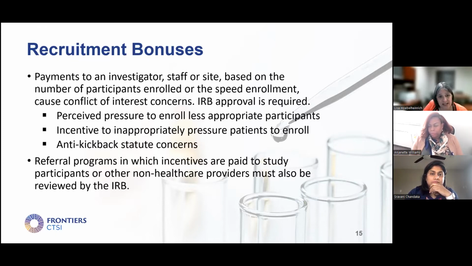Some of the concerns that can arise when those kinds of arrangements are made are perceived pressure to enroll less appropriate participants, or potentially encouraging inappropriate pressure on patients to enroll.